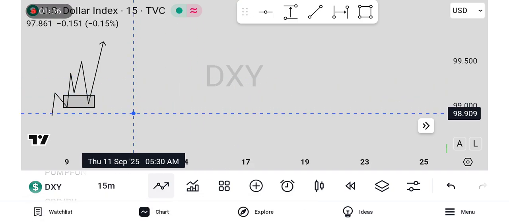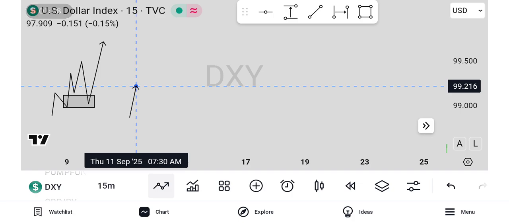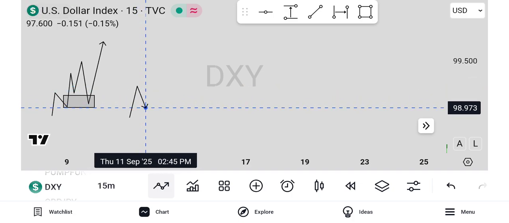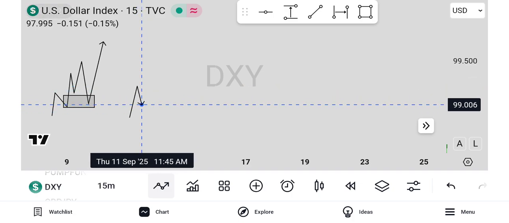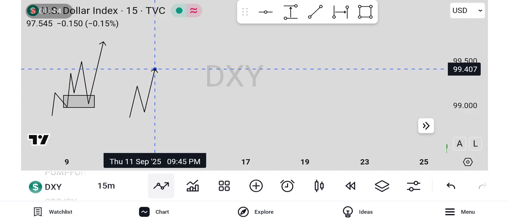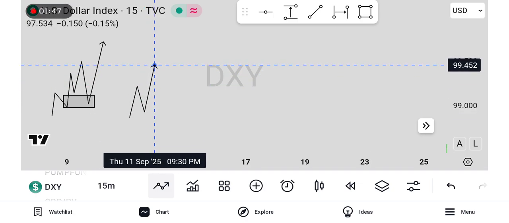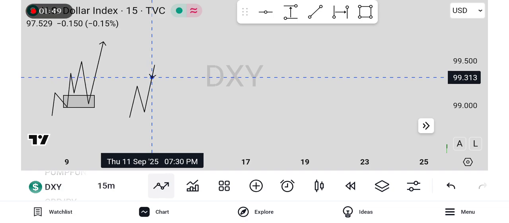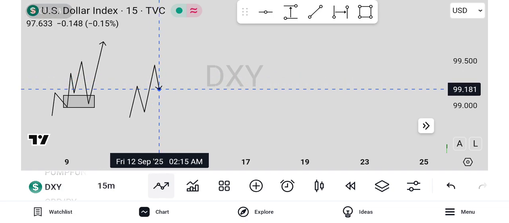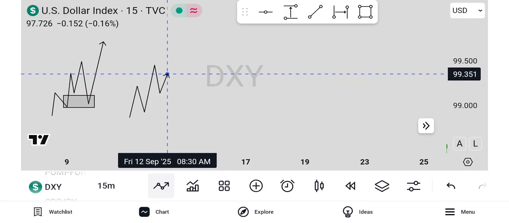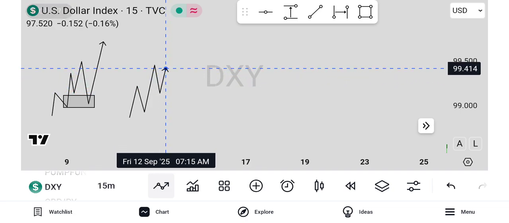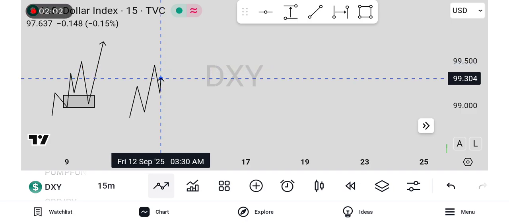For example, on the same uptrend, you have something like this, break structure, and any pullback that doesn't push price up is not an inducement. For example, you have something like this.